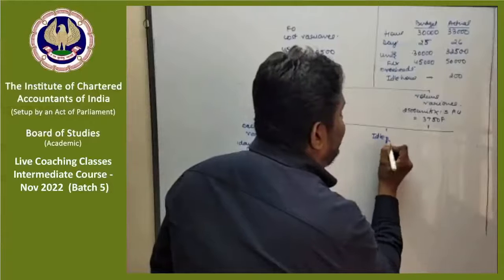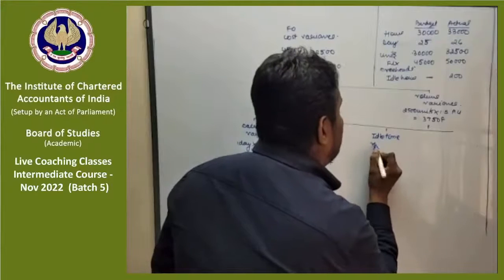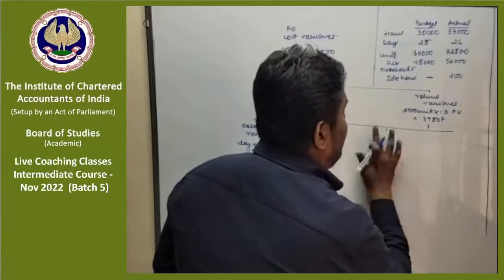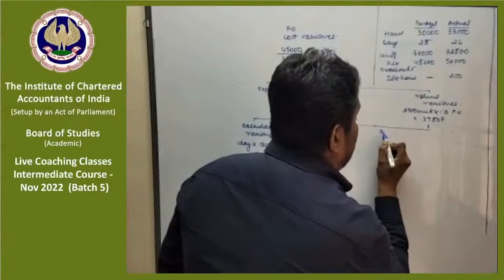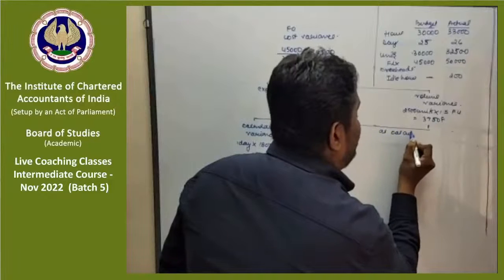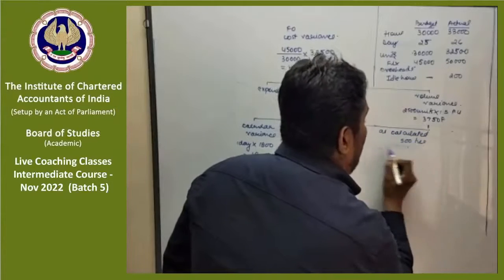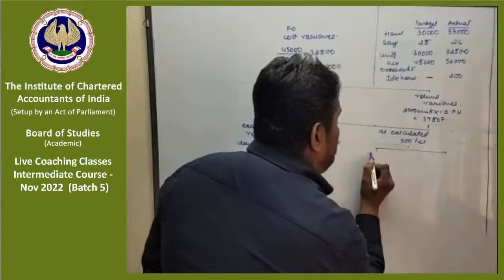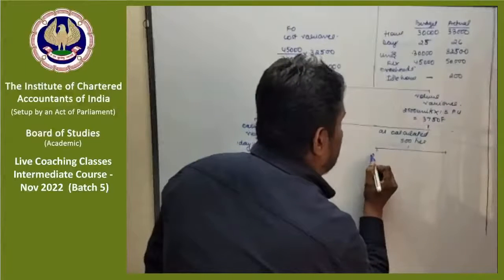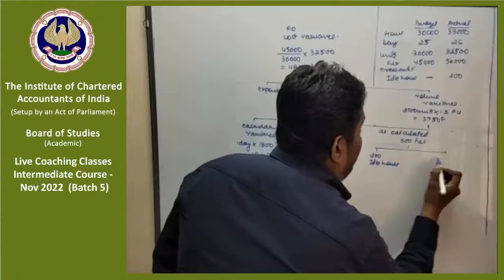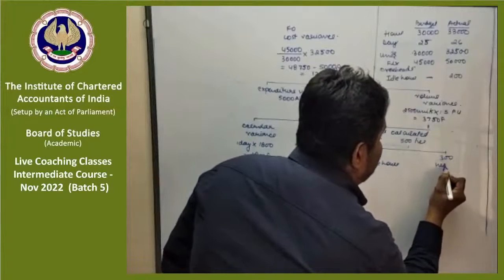So here we will write idle time variance. As calculated, we have calculated the inefficiency of 500 hours. Of this 500 hours, 200 hours is idle hours and 300 hours is inefficiency.